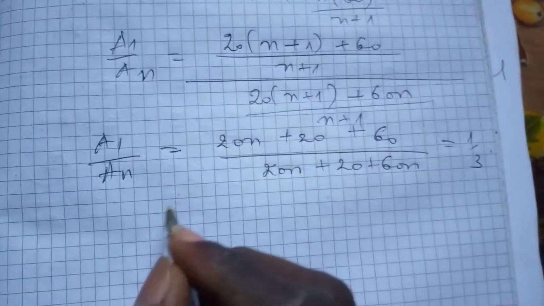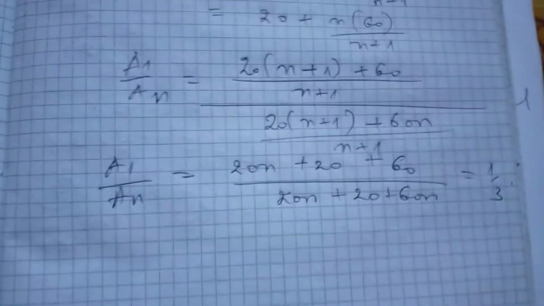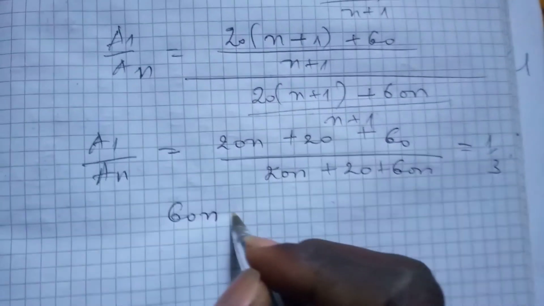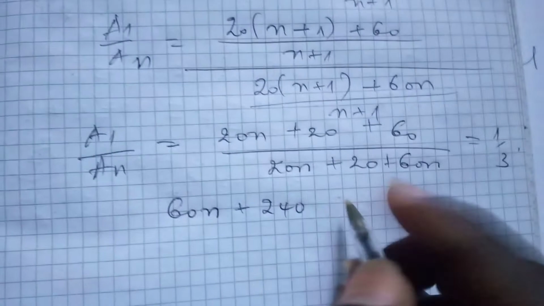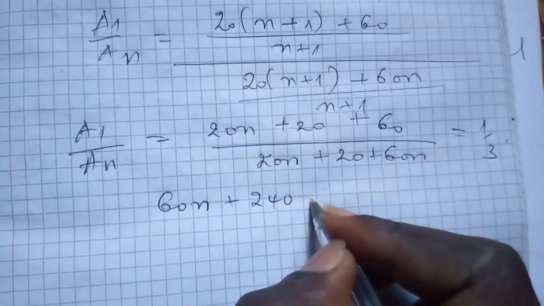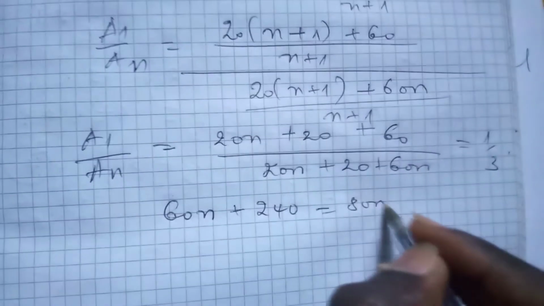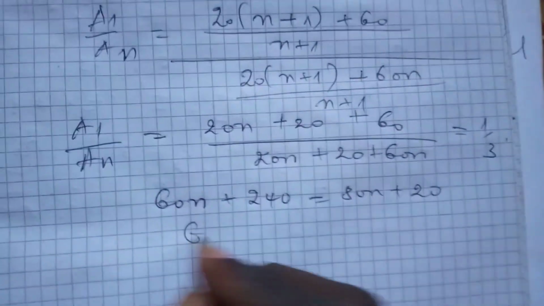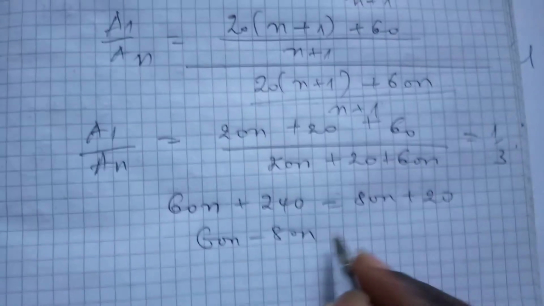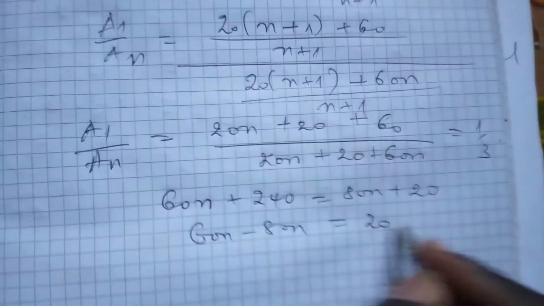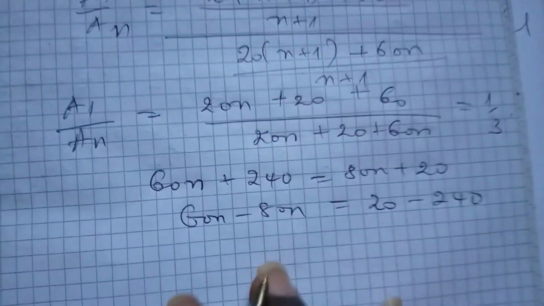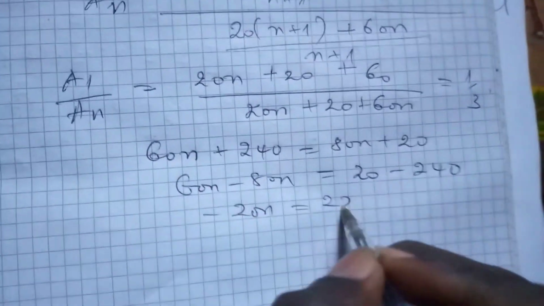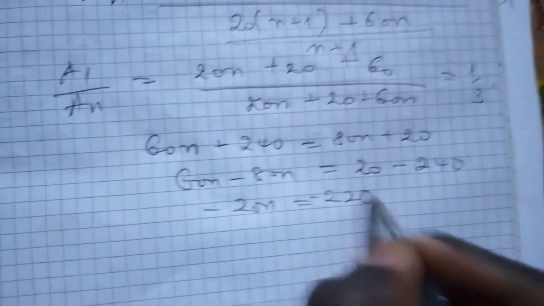Then we are going to calculate the value of N. This is equal to 60N plus 240, which is equal to 80N plus 20. And this will be equal to 60N minus 80N, which is equal to 20 minus 240. Then minus 20N will be equal to minus 220.